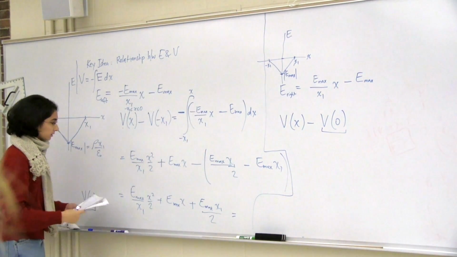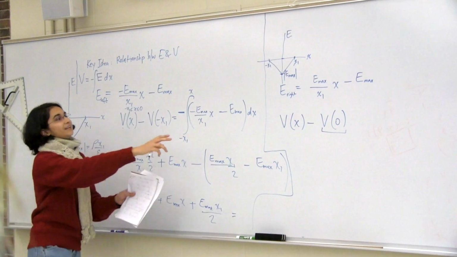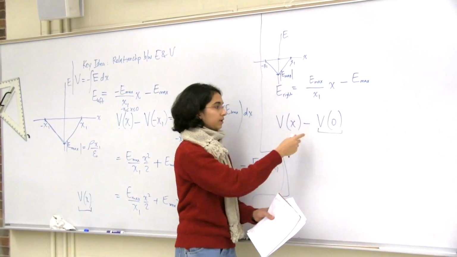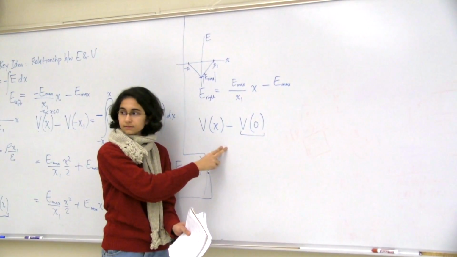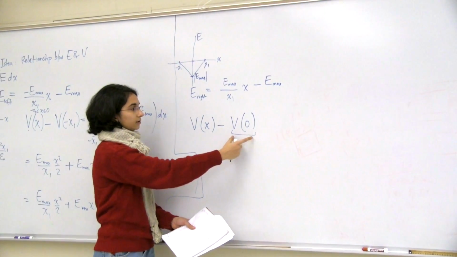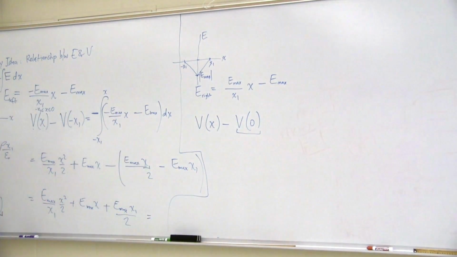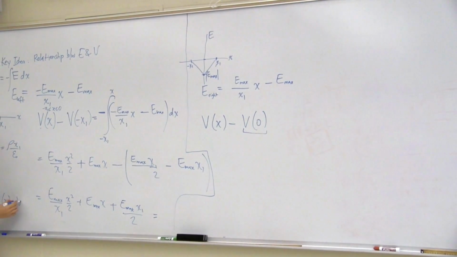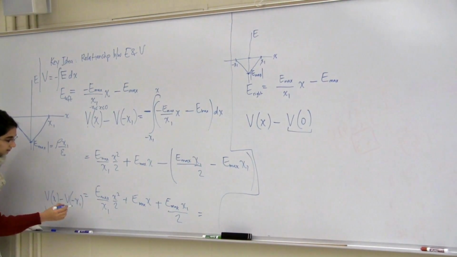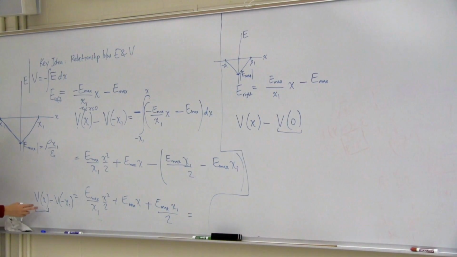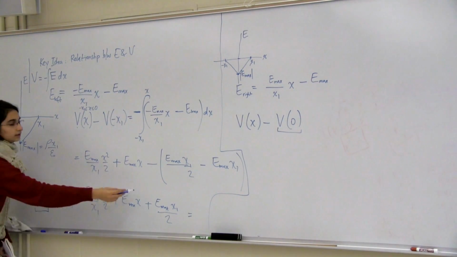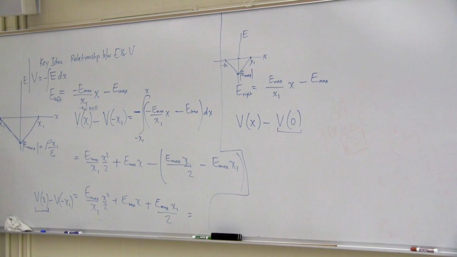So when we integrate this expression, it's going to give me that potential difference, right? But I don't have V of 0 with me. Over here, when we got a potential difference, we were finding V of x minus V of negative x1, and we just said that V of negative x1 is 0. So this expression gives me my V of x on the left side.